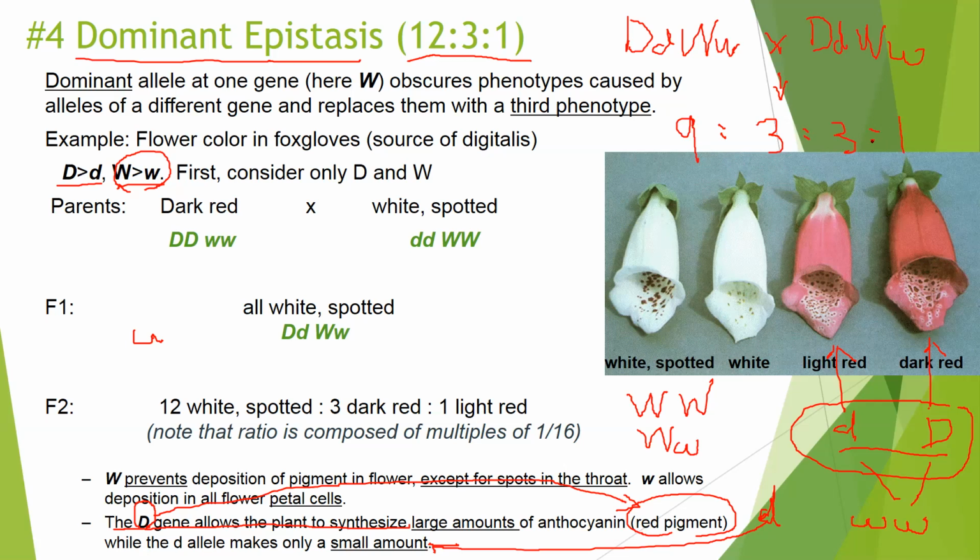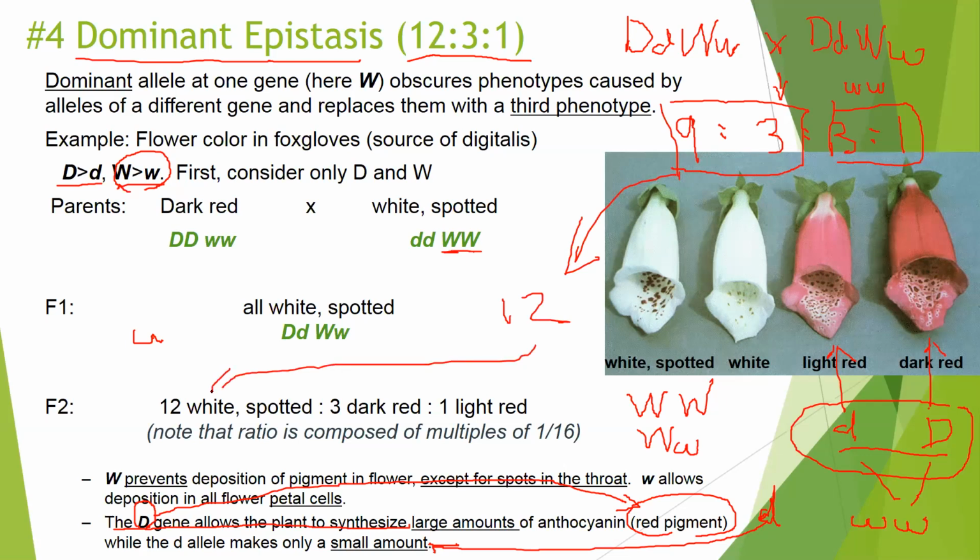However, only in these two cases, where the W gene is the lowercase w, can the D gene be expressed. We can see the difference between the little d and the big D. For the others, you cannot see the expression of the D gene because of the dominant allele of W. This will give us the same phenotype, white.